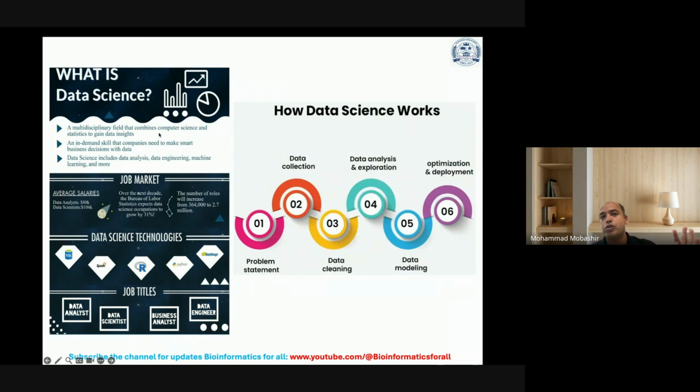Data science workflow: problem definition, data collection, data cleaning, pre-processing, exploratory data analysis, EDA, modeling and evaluation, deployment and monitoring. Then you can see the workflow, something could look like this. If you get the data analysis job, you could look at how to think about this data science.